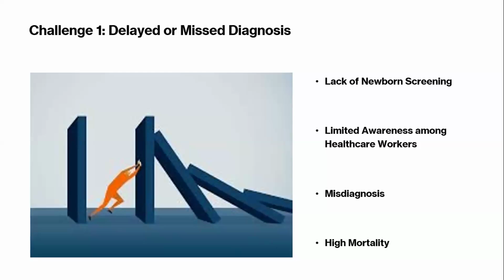But I think this is more common in the rural areas because of how remote they are. It's difficult for them to be in contact with people who would sit with them and tell them, okay, this is CAH and the child is born a girl, so this is most likely a girl.